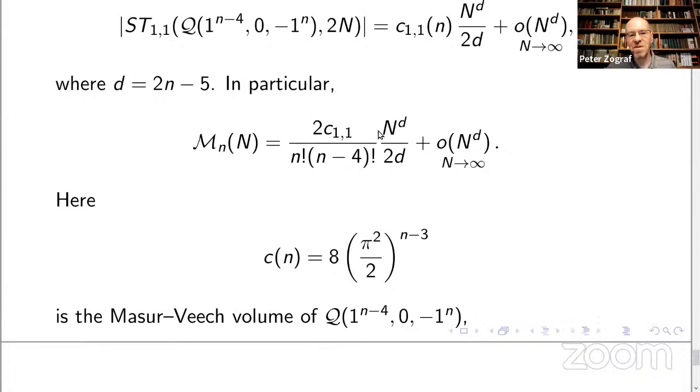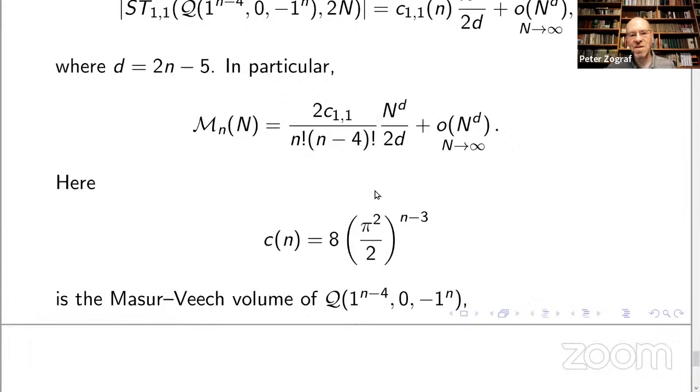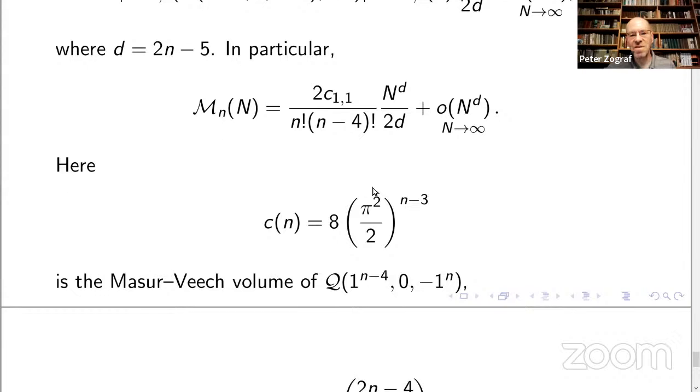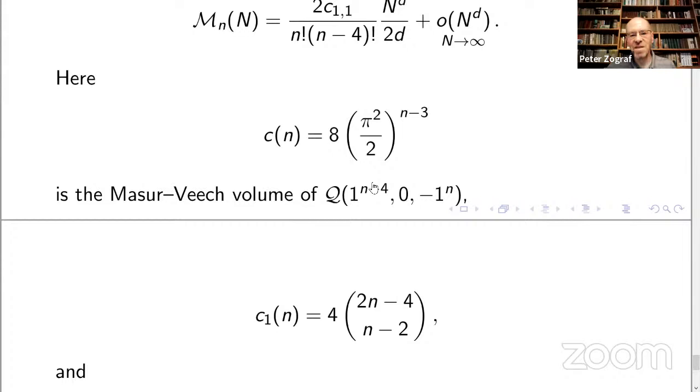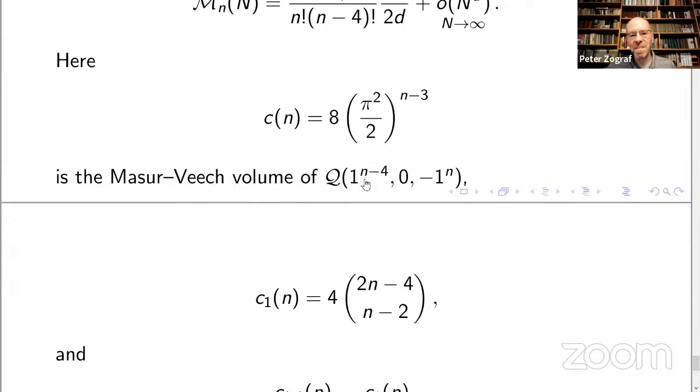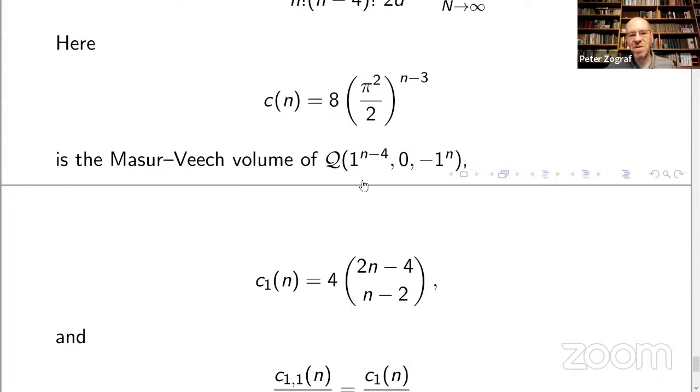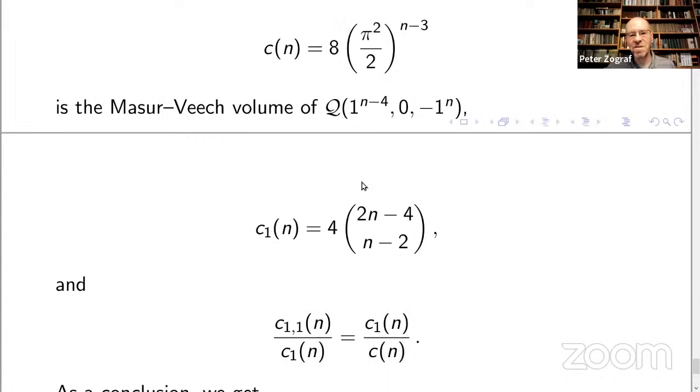This formula was obtained by Athreya, Eskin, and Zorich. The coefficient C1 of n can be computed by direct combinatorial consideration, and it's just a binomial coefficient.